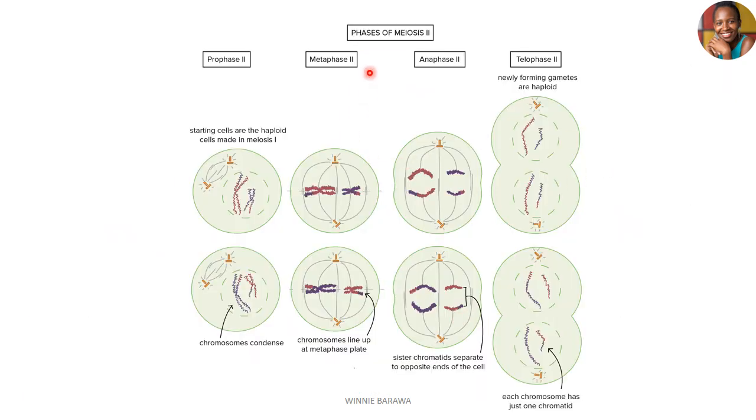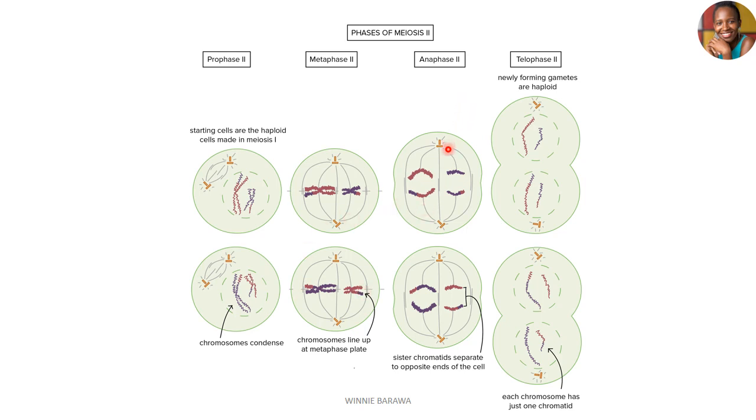So this is what happens in meiosis 2. We are saying these are the 2 daughter cells that have completed meiosis 1, and we have these cells starting over at prophase 2. So the 2 cells at prophase 2 will decondense, have the centromere producing the spindle fibers, and they will come attached at the sister chromatids now. The spindles will attach at each sister chromatid during the metaphase and form the metaphase plate.